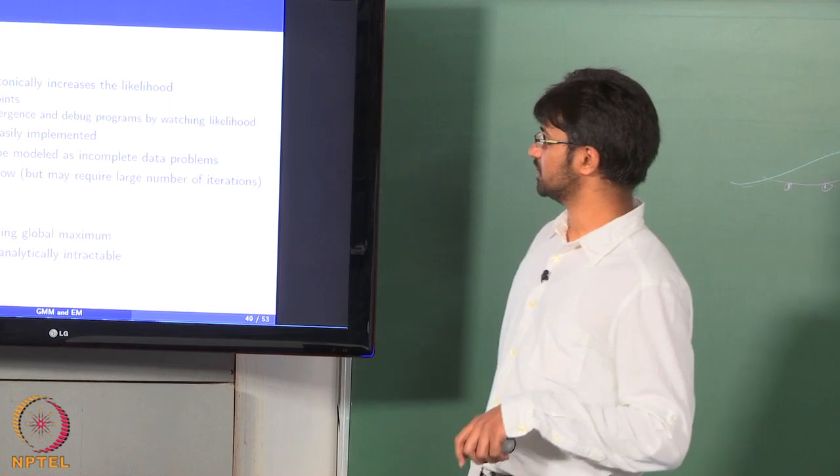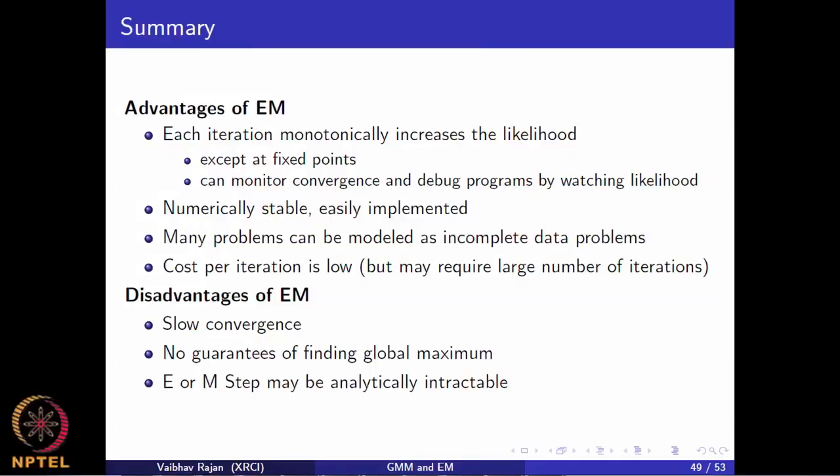So, to summarize, the major advantage of EM is that it monotonically increases the likelihood. It guarantees that if you take any distribution, any mixture model, any likelihood computation where there are hidden or latent variables, and you apply EM, and if you follow the formulas carefully, the likelihood is increased except at fixed points, and it is usually numerically very stable compared to other techniques like gradient descent.